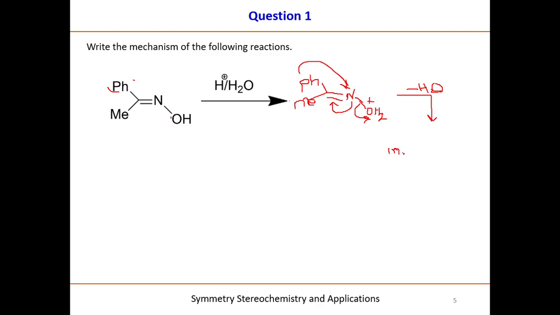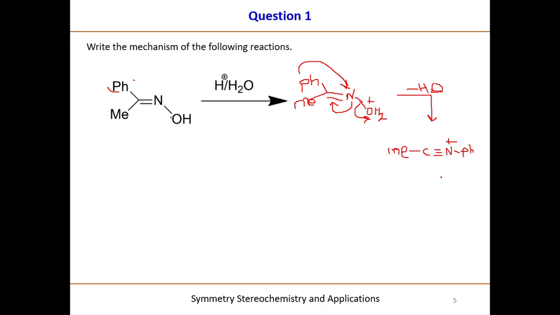So I am writing it this way only: methyl, carbon, I am talking about this carbon atom, triple bond, nitrogen, and the nitrogen now has a substituent which is phenyl. Positive charge will come on this nitrogen atom. Okay. So this is a nitrilium ion.